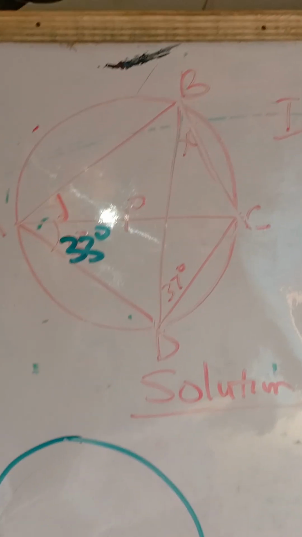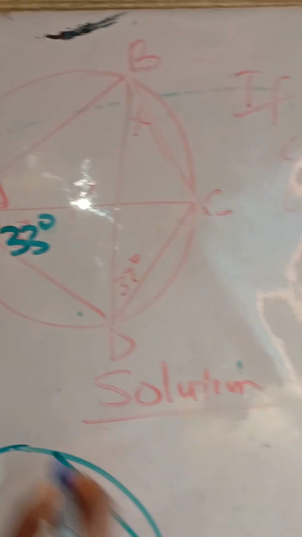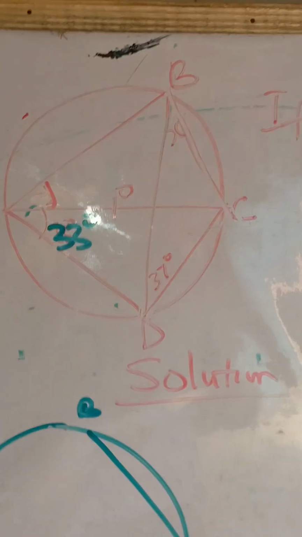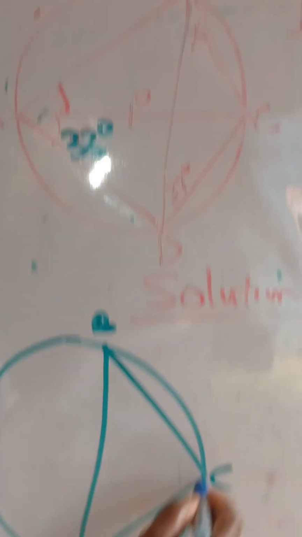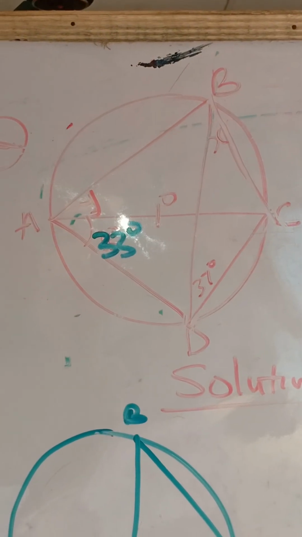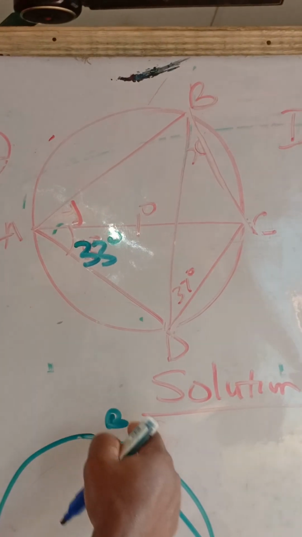So check what is available. We have chord. The first chord I can see here is called BC. And which angle is resting on that? I'm having this angle, angle 37, resting on it. So for you to move further, check, is there any other angle resting on this chord?